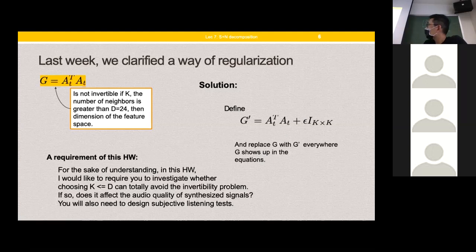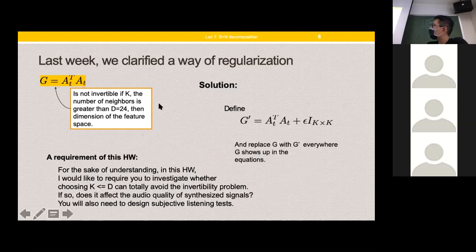In the meanwhile, I want to share with you I have this expectation. I don't know the answer yet, but for the sake of my curiosity, you guys can help me a lot in clarifying the issue. In this homework, I would like you to investigate whether we can avoid this non-invertible matrix issue by simply choosing K to be smaller than D. Let me say again.